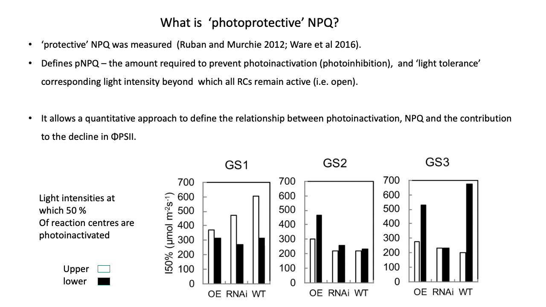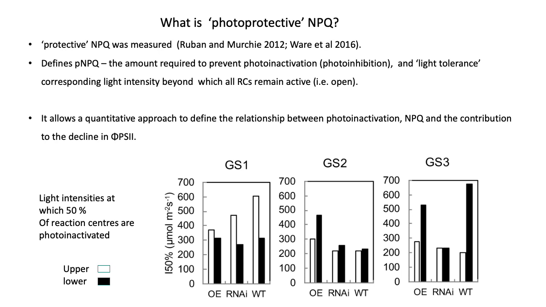As we move towards growth stage 3, which is a denser canopy, and there is a bigger difference between the light availability to the upper and the lower regions of the canopy, the light tolerance of the lower levels is much higher. So the photoprotective NPQ level of the lower regions of the canopy is actually much higher than the upper regions of the canopy. This comes as something of a surprise.